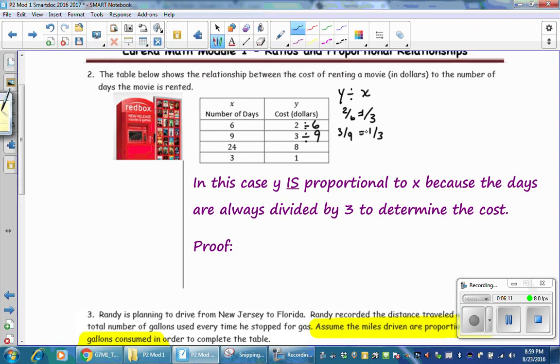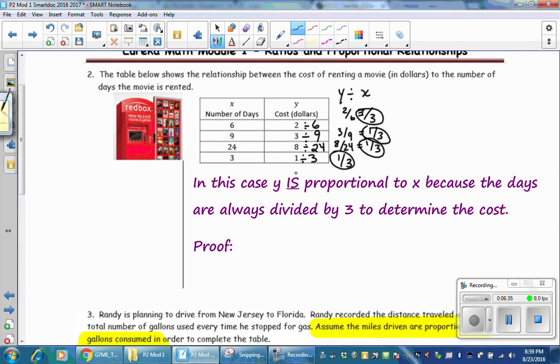And this is looking like it might be a proportional relationship. 8 divided by 24 is 1/3 because 8 over 24 simplifies to 1/3. And 1 divided by 3, 1 over 3. So these all have the same unit rate.